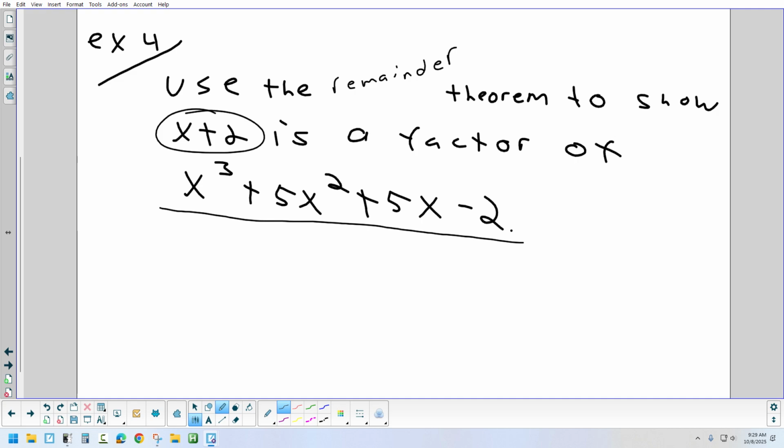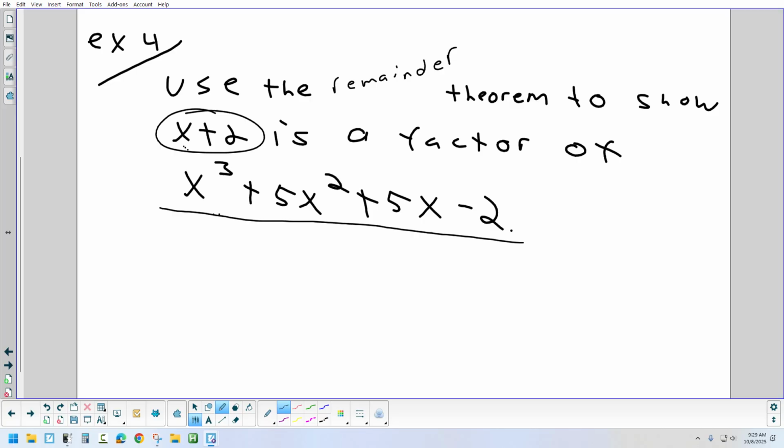If something is a factor of something else, what do I hope happens? Your remainder is 0. Right. When you divide this by that, you get a remainder of 0. So we don't have to do the long division. We just have to quickly figure out what the remainder would be.